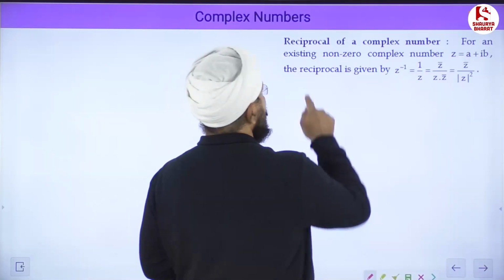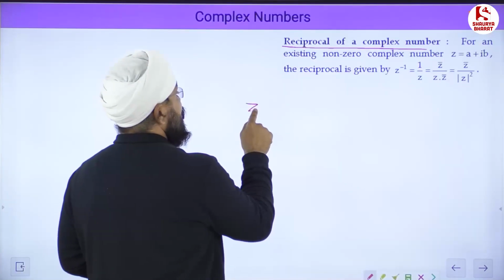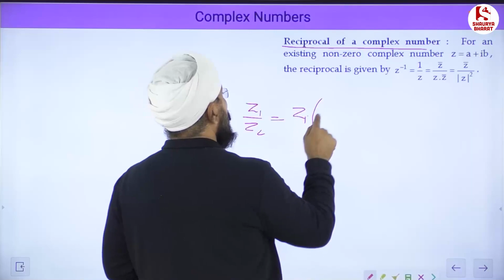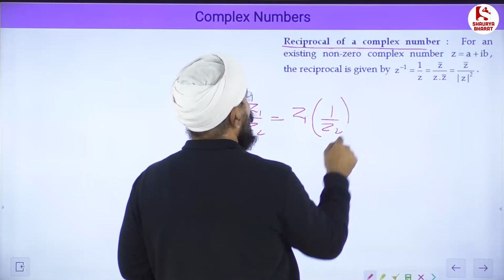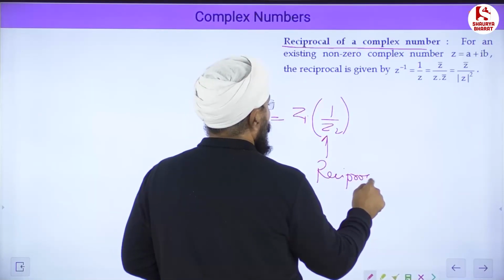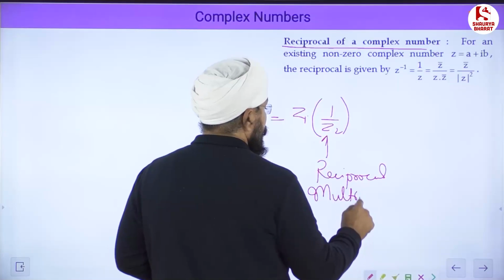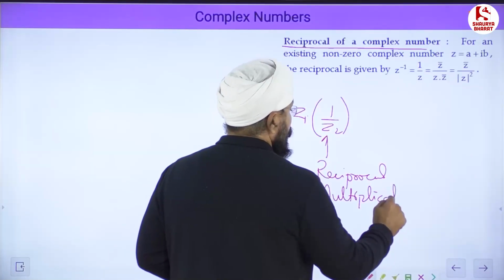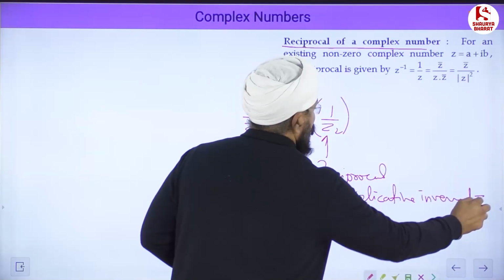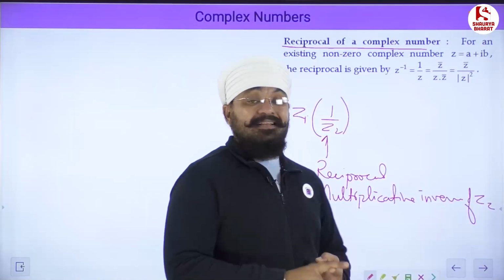This reciprocal is nothing but the multiplicative inverse, because when I say that Z1 is divided by Z2, this is nothing but Z1 multiplied by 1 upon Z2. This is known as the reciprocal, or we say it is the multiplicative inverse of complex number Z2.